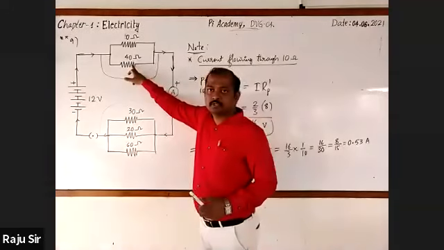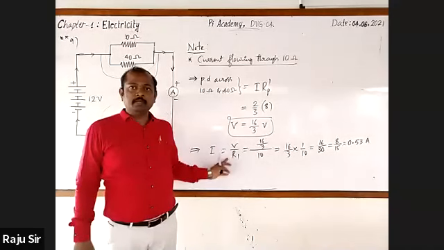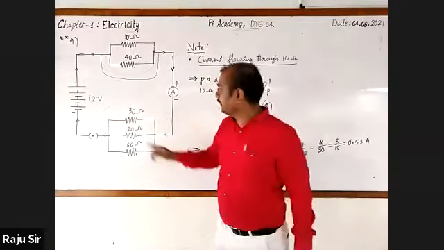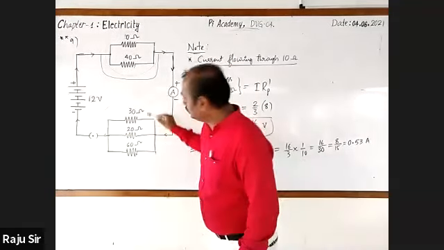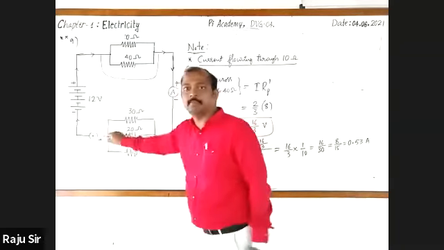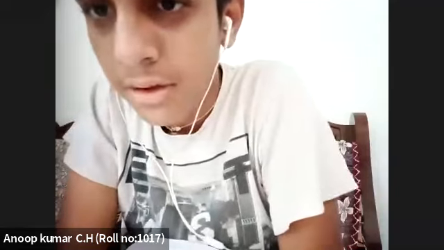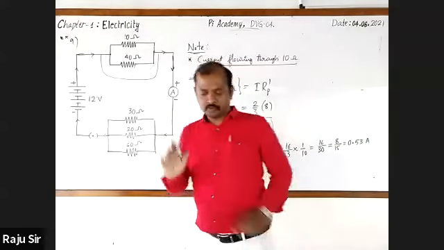If you want to find the amount of current flowing through this 40, again it is V by R2 that should be taken. Next, if you want to find the current flowing through 30 ohm, you must know the voltage across this combination. Did you understand? You can do that now yourself. Now we are moving to the next part.